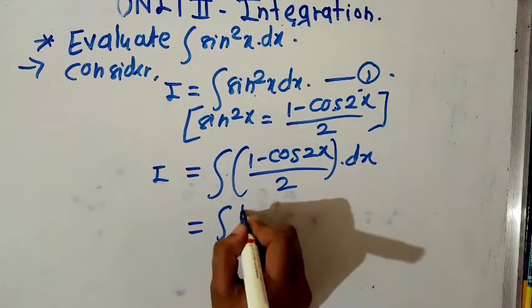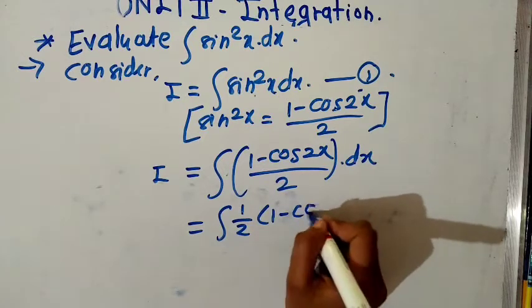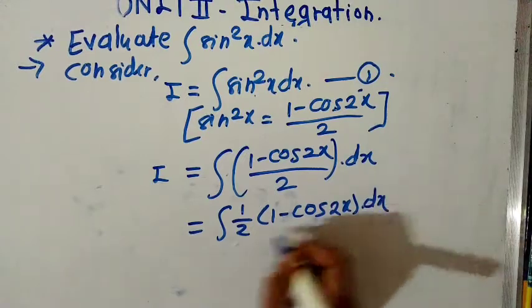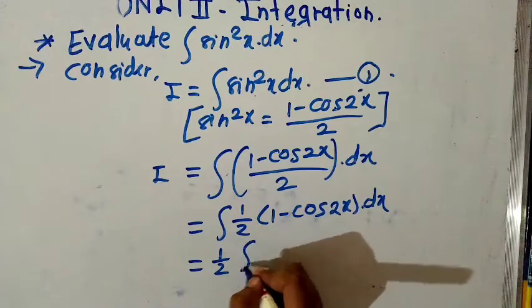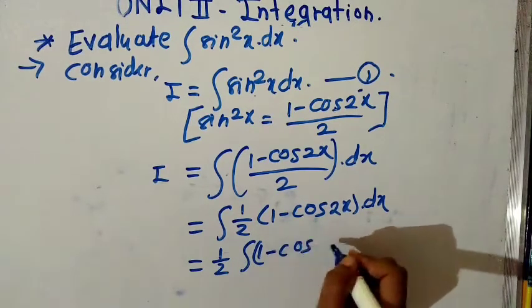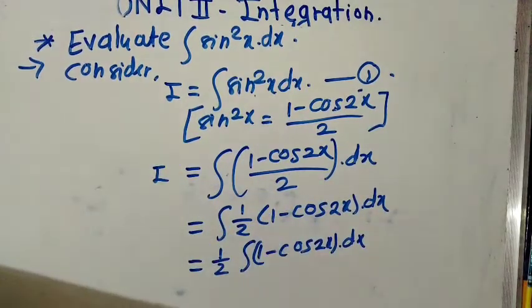which is equal to integration of 1 upon 2 into 1 minus cos 2x into dx, which is equal to 1 by 2 into integration of 1 minus cos 2x into dx.